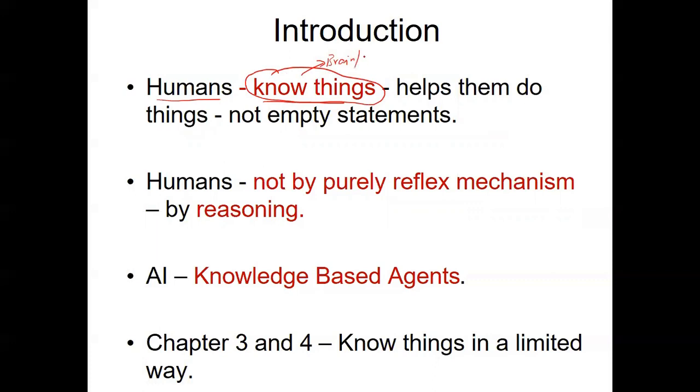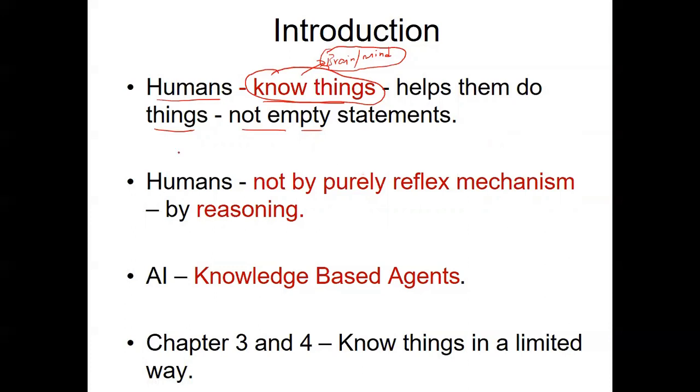That is a philosophical aspect, let us not get into that. But somehow, somewhere in the human, the knowledge is represented. Based on that they know things, and this knowledge helps them to do things. So they are confident enough to do certain things. This is not an empty statement. This is a real truth. This is how human beings work.